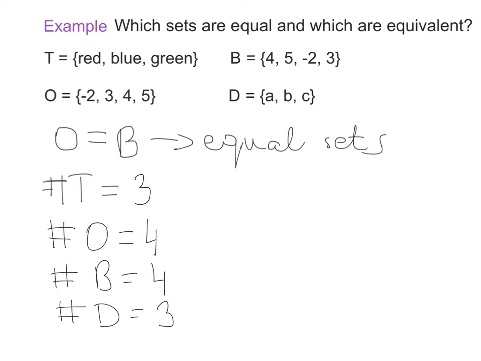Remember, cardinal number stands for how many elements are in the set. So now we can see that set T and set D are equivalent. They have the same number of elements. So let's write it down. T equivalent to D. And then we have set O with 4 elements and set B with 4 elements. And they're equivalent as well. So O equivalent to B.